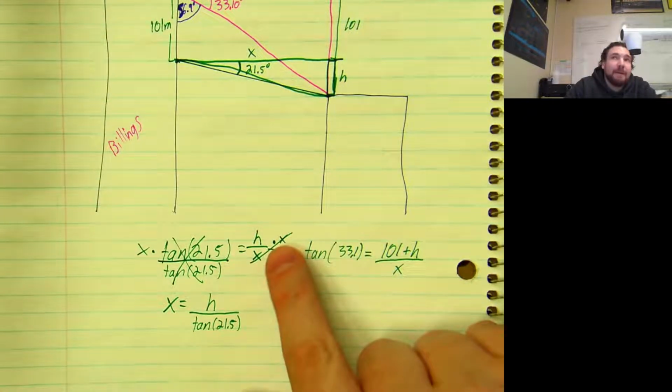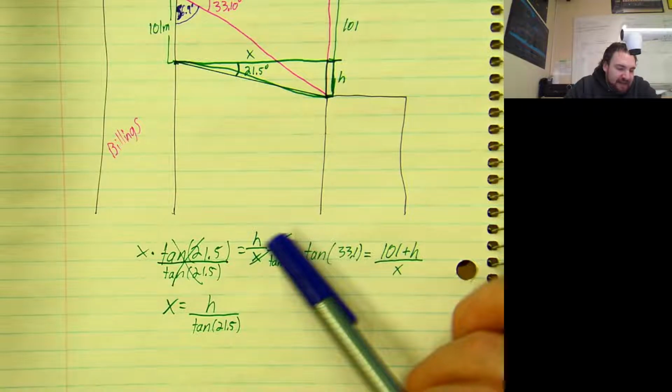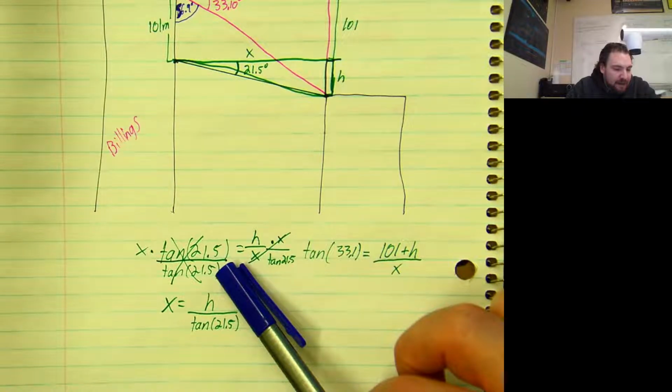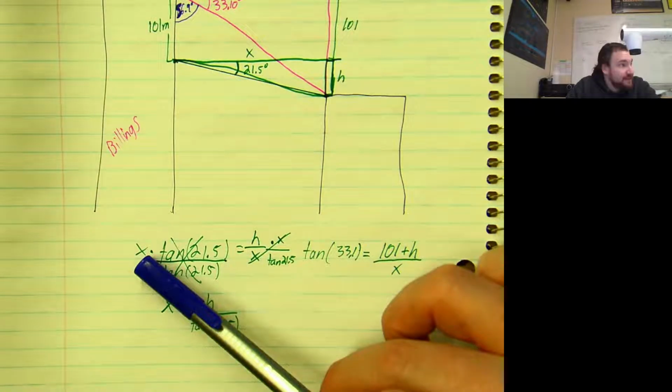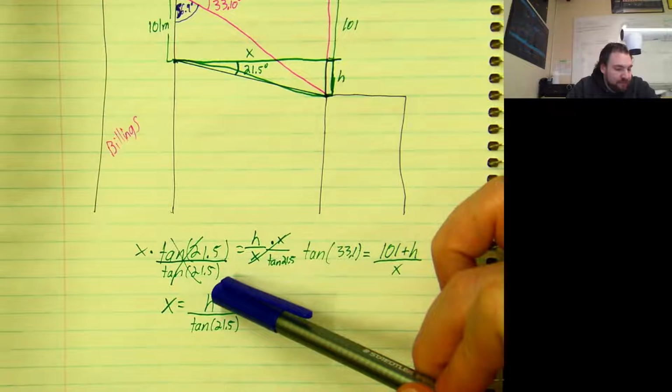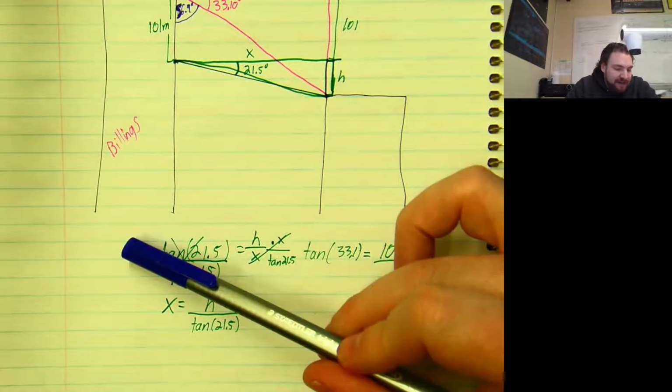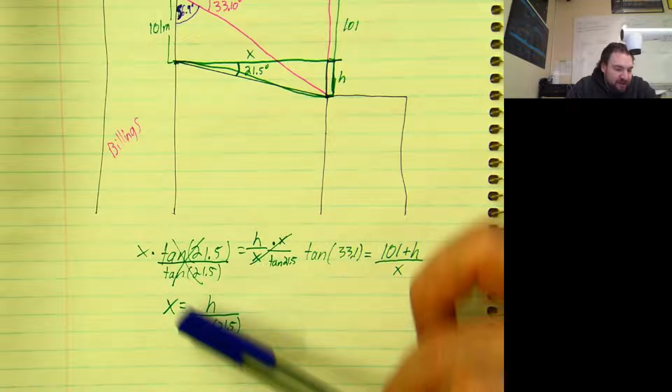So it cancels on this side, and it shows up top here. I've got x times tan 21.5 equals h. And then I want to get x by itself. I just did these two steps in one step. So then I divided by tan of 21.5 on both sides. It cancels on this side, and I'm left with x on the left-hand side. And then I have h over tan 21.5 on the right-hand side.